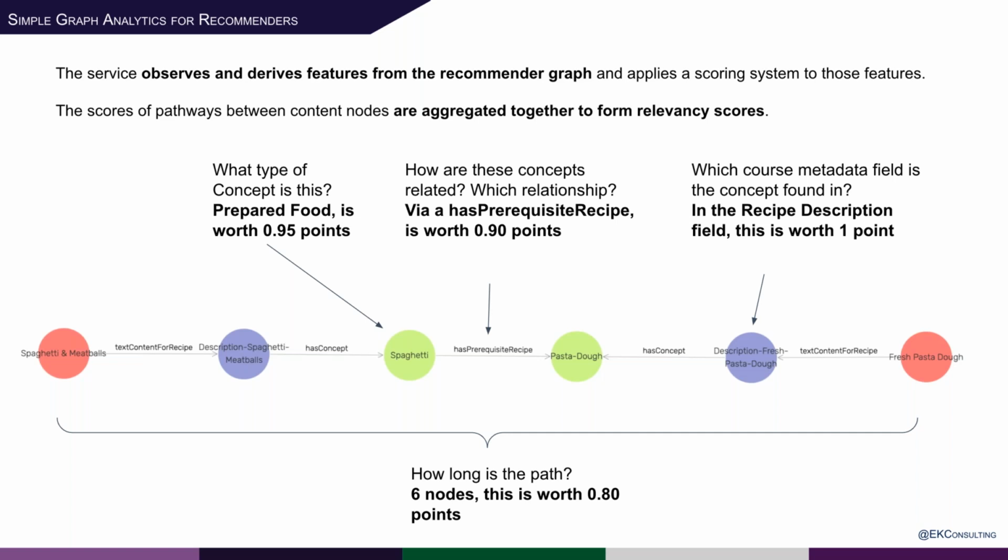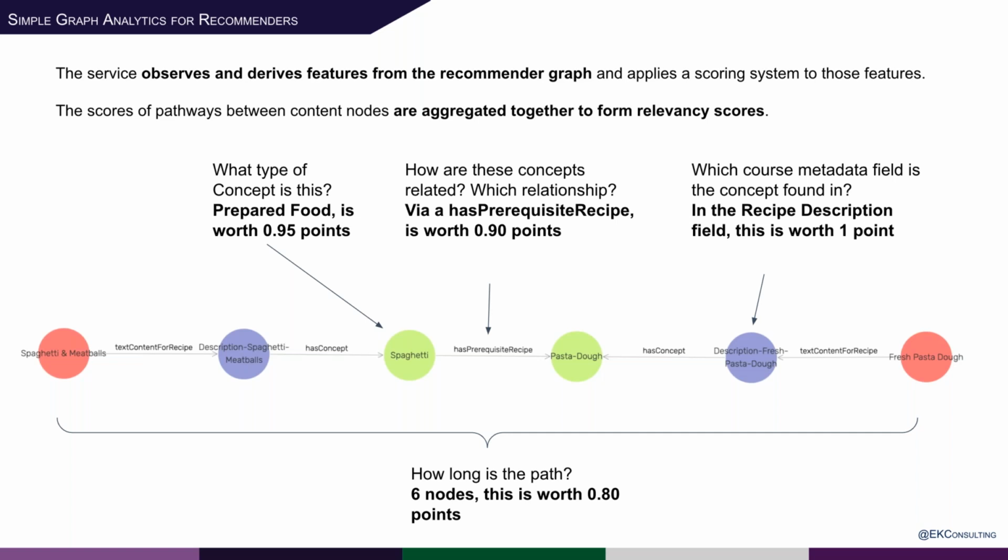This may be a particularly strong one because we know, well, if somebody's considering cooking spaghetti, they really might want to just go all the way and make homemade pasta dough for that spaghetti, for example. There are many ways to do this, but it's fairly straightforward, just being able to observe what's in our recommender graph, because our recommender graph was designed to help us when we get to this step. What are these features that really mean something and could be used to generate relevancy?